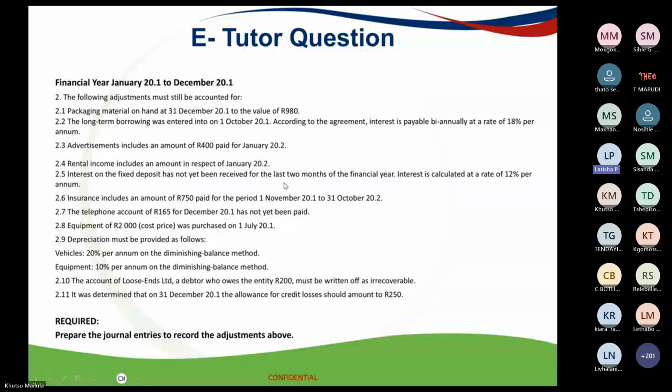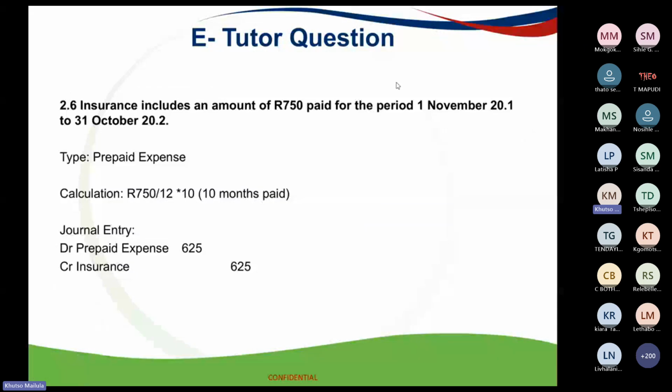A few of those. Okay, so yes, we are basically correct. Because the 2 months is already included, we're only going to adjust for the prepaid expense as explained earlier, and this is the journal that we're going to pass. So the answer is correct.